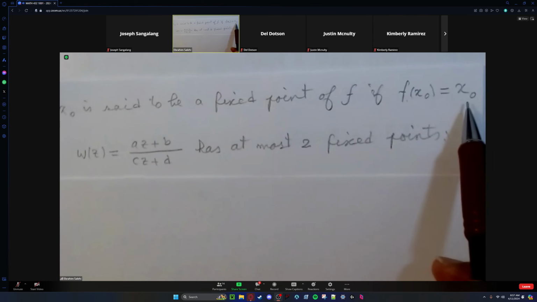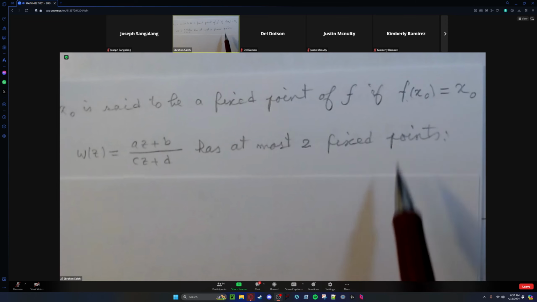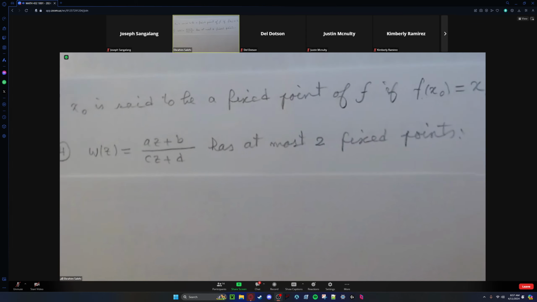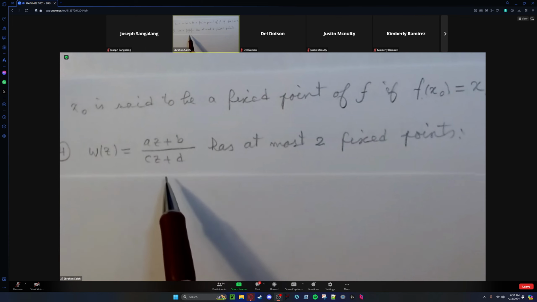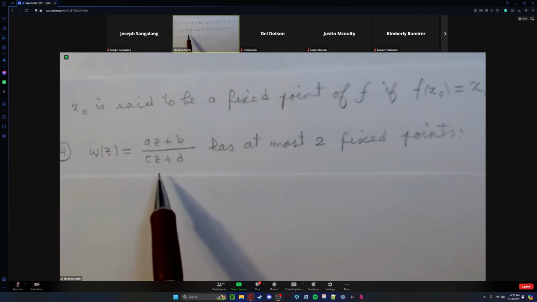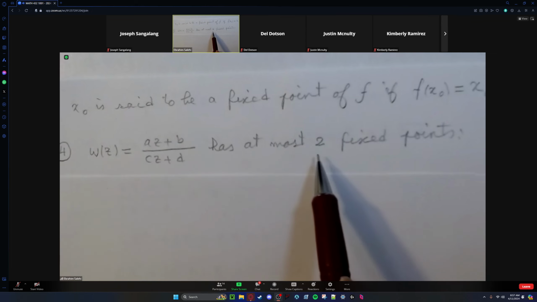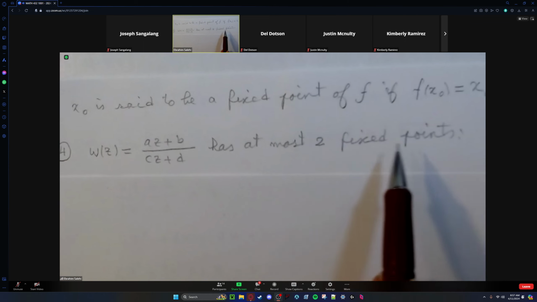If such a thing happens, we say that x0 is a fixed point. The function doesn't change x0. Now, in a Mobius function or linear fractional transformation, I want to show that this function has at most 2 fixed points.